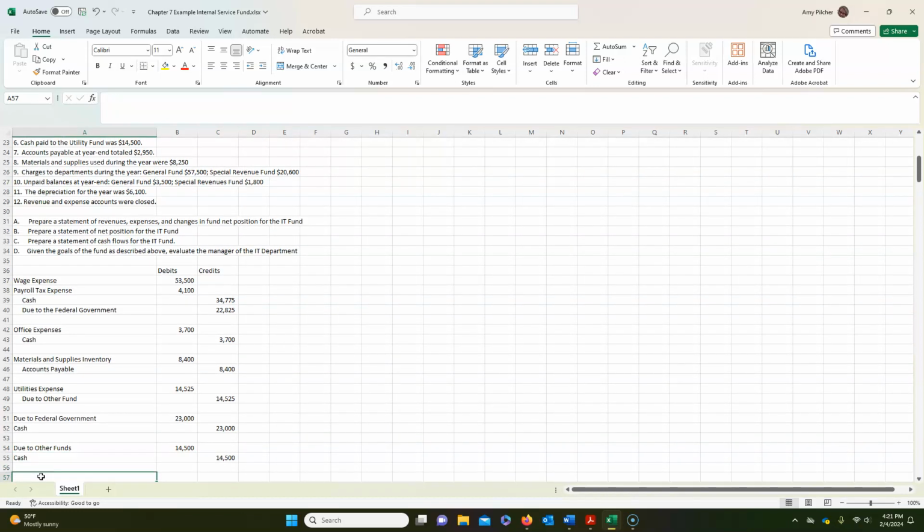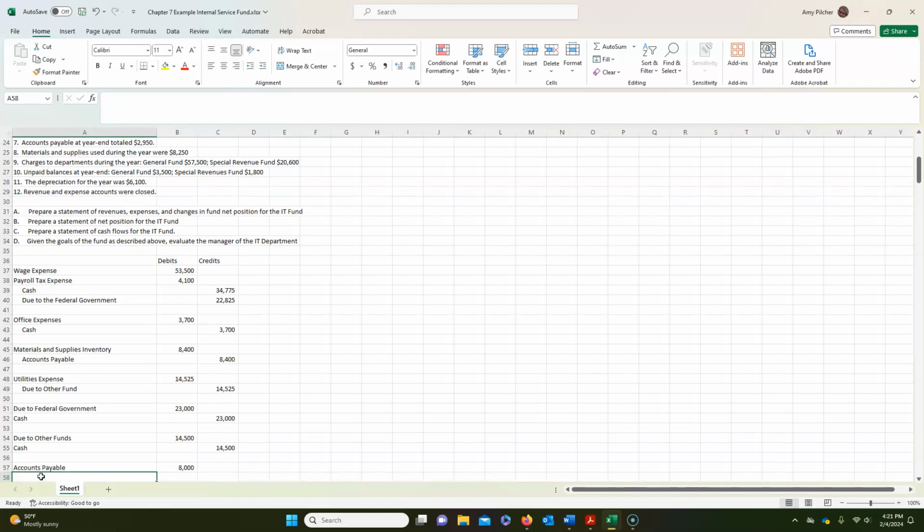Then we paid our materials and supplies used during the year. We also have accounts payable at year end and materials and supplies. So first we're going to show that we paid accounts payable, and the amount that we paid was $8,000, and I'll tell you in a moment why I know we paid $8,000.